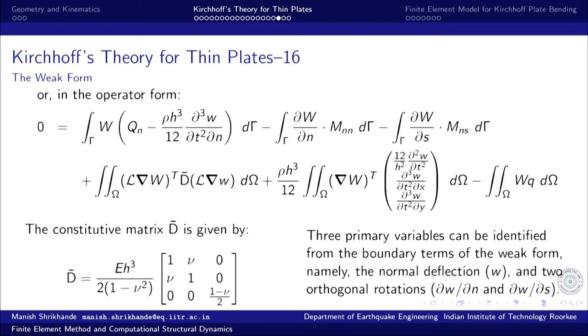Either del W by del x and del W by del y in case the plate is oriented along x and y direction, or for any arbitrary orientation it is better to refer to normal and tangential derivatives.